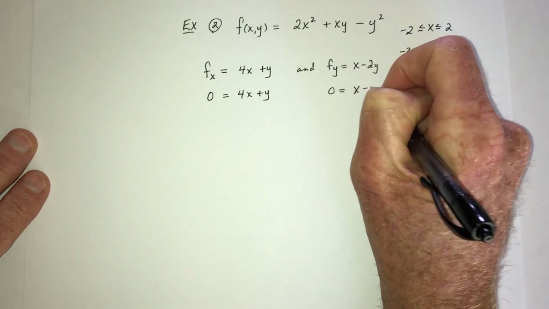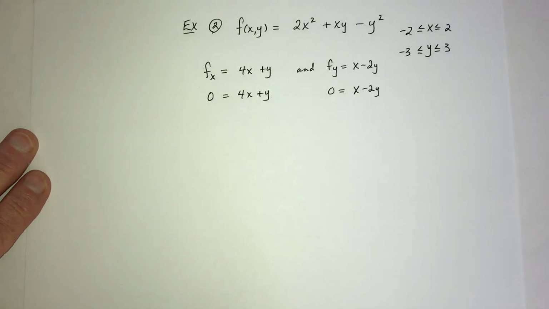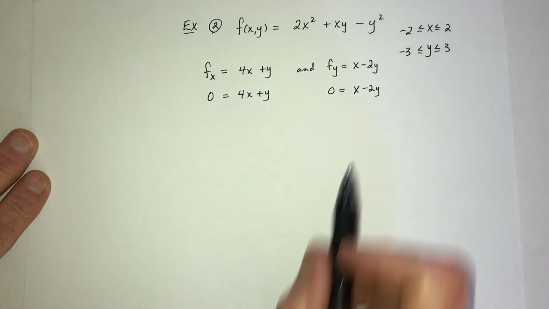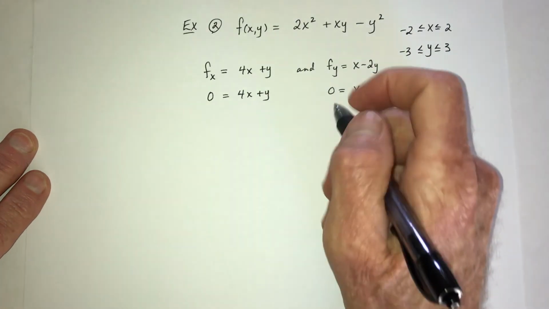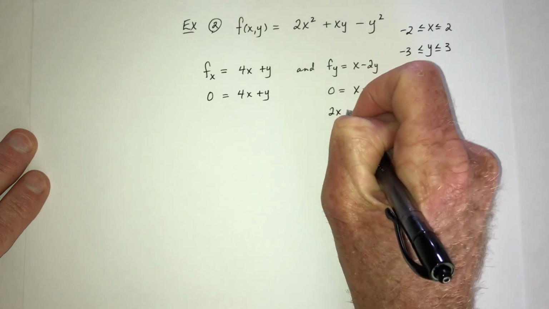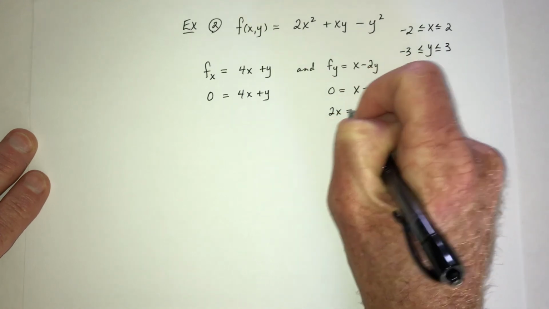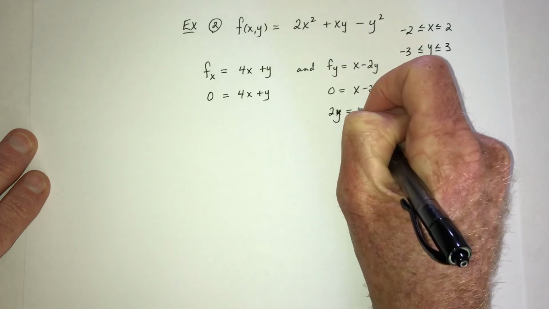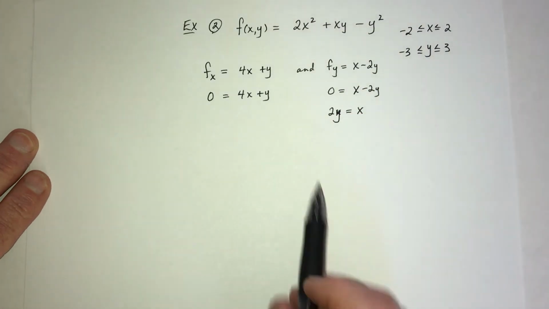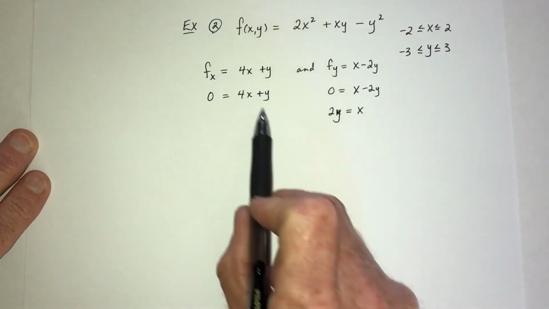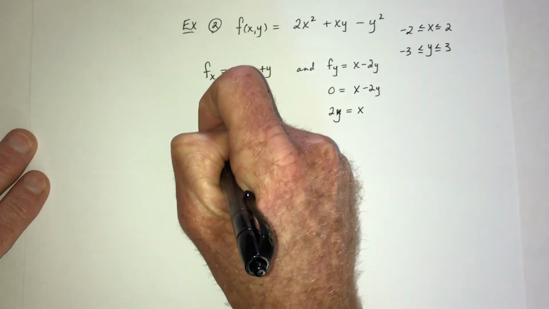And now we have 2 equations with 2 variables. So right here, I could move the 2y to the other side, and x is equal to 2y. And then if x equals 2y, I could plug it in right there.